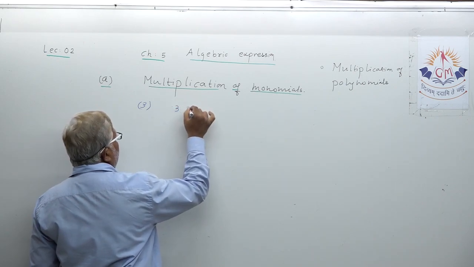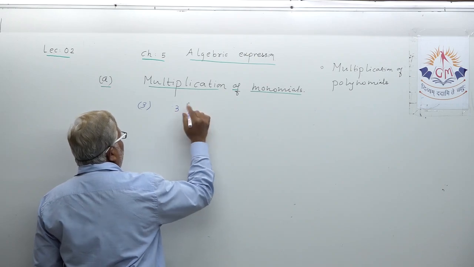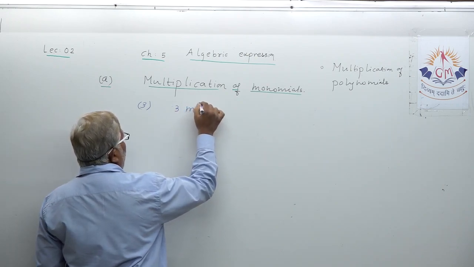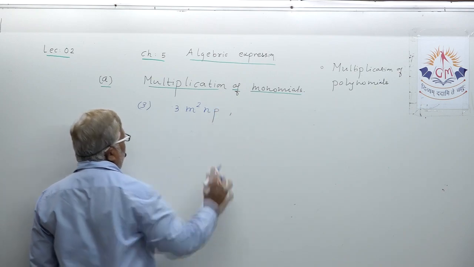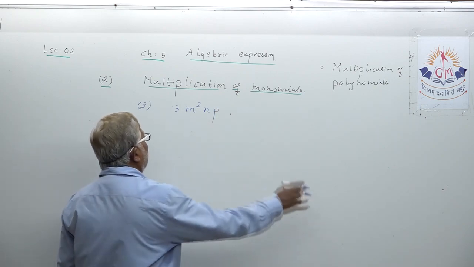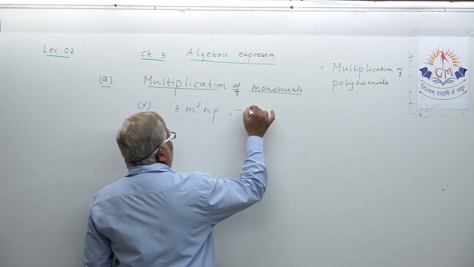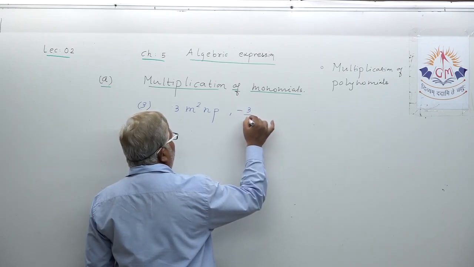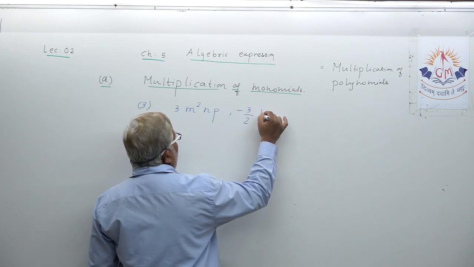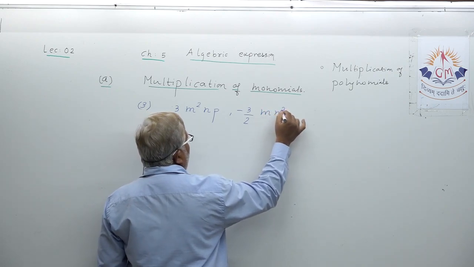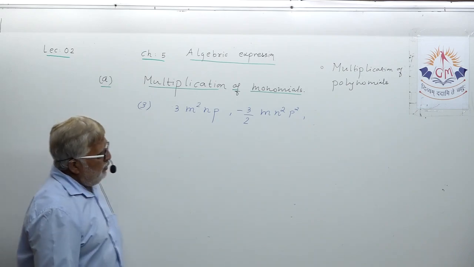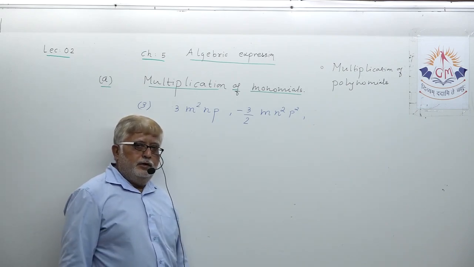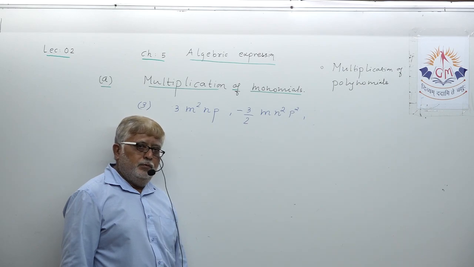Okay. Suppose 3m square np, comma, minus 3 upon 2 m n square p square. The second term, or you can consider it as a second polynomial.